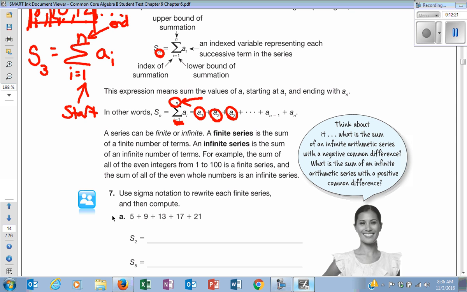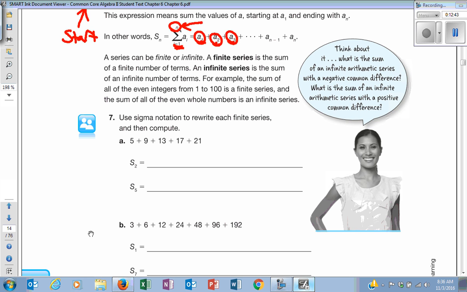If it's a 10, then you're going to have 3, 4, 5, 6, 7, 8, 9, 10. And remember, all these represent are subscripts. That's the first number of the sequence, that's the second number of the sequence, that's the third number of the sequence. Are you following me? All right, so let's go to some of these right here.